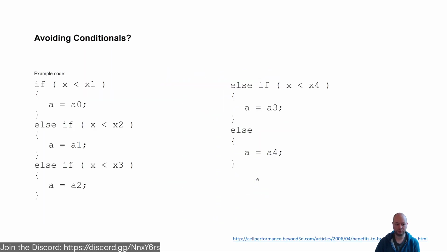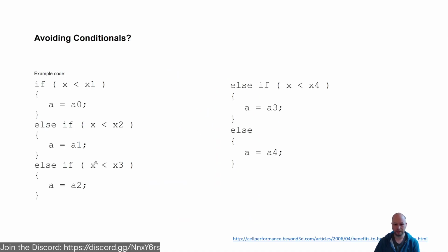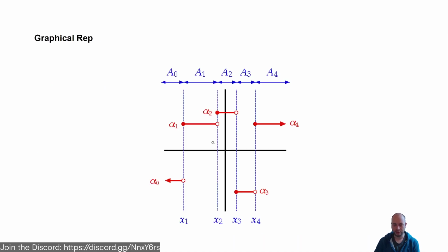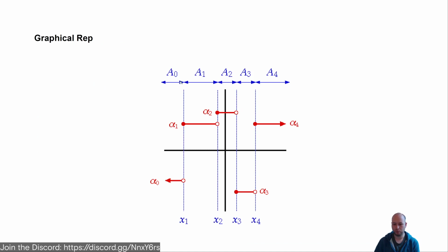For the next one, if it's less than x2, that also means that it's greater than x1, because this first one failed and it goes on to the next one. That means we're going to be in A1, and then the value that we pass is alpha1, and so on and so forth. So we can create this with a final conditional suggesting that we're over that value.